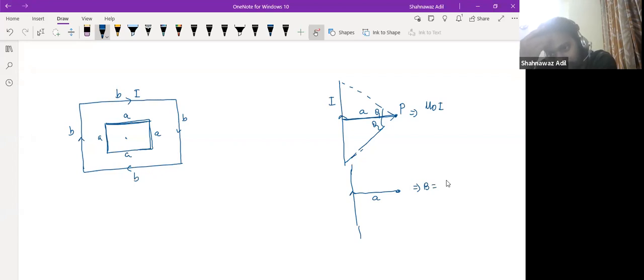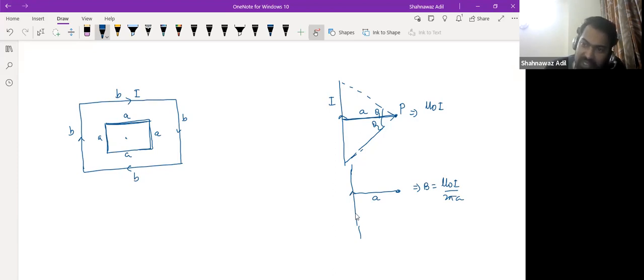Yes, sir. Mu naught I by 2 pi a. Yeah, that is the magnetic field, but this is for an infinite wire.